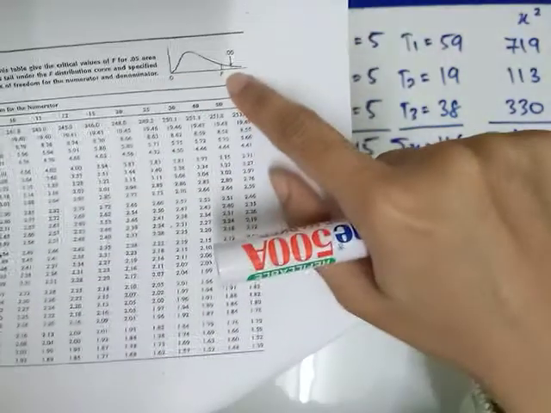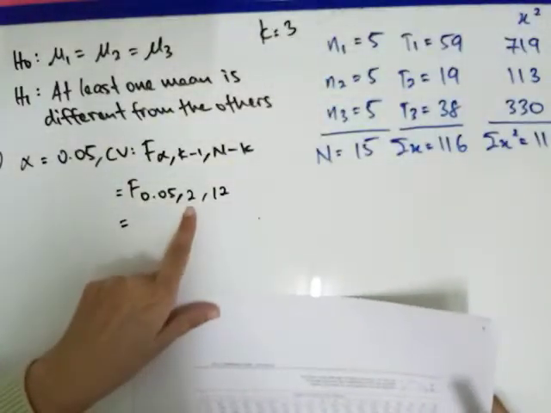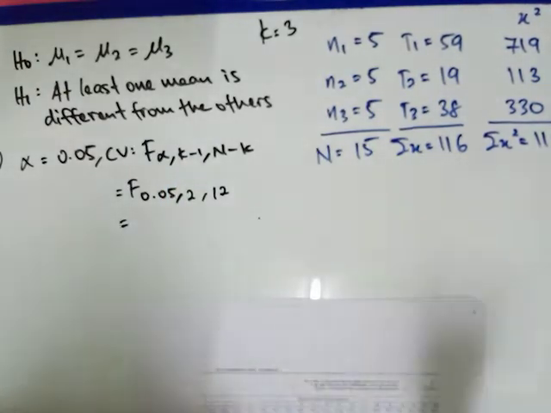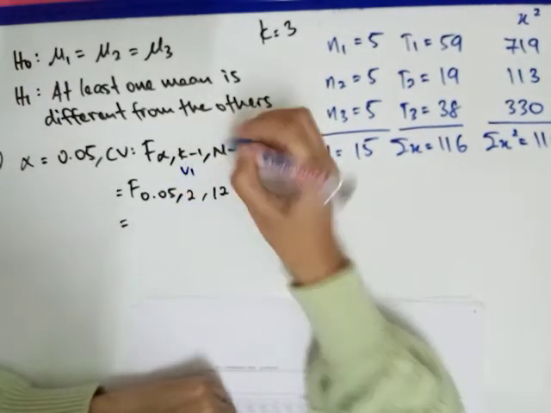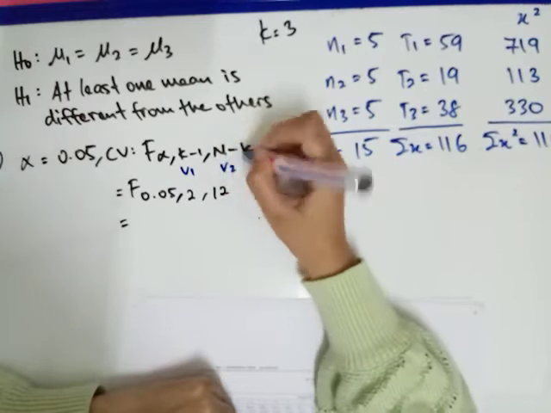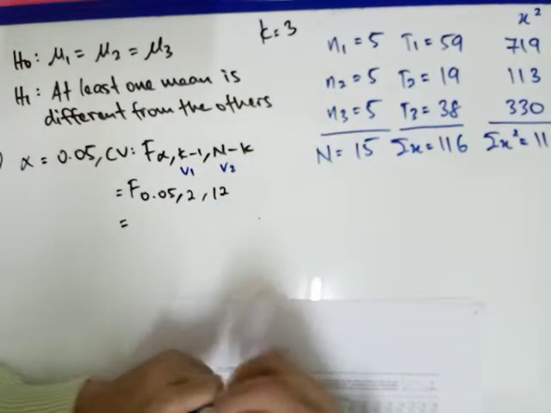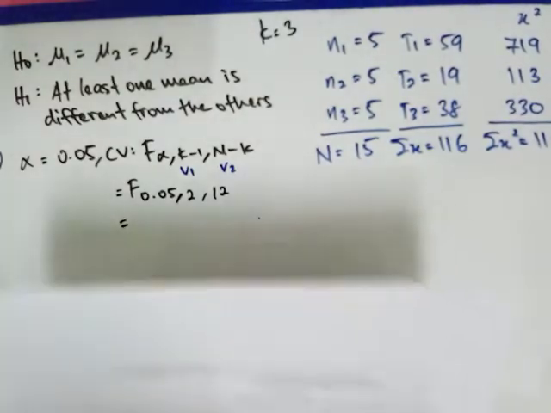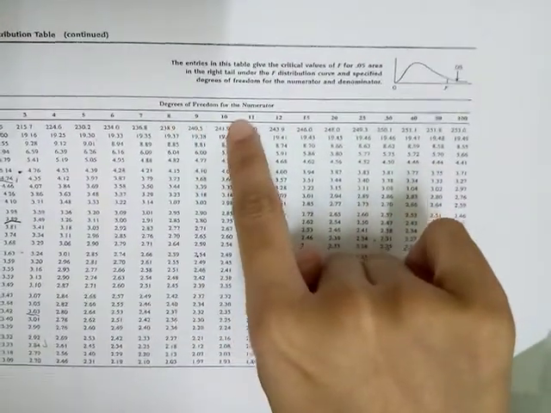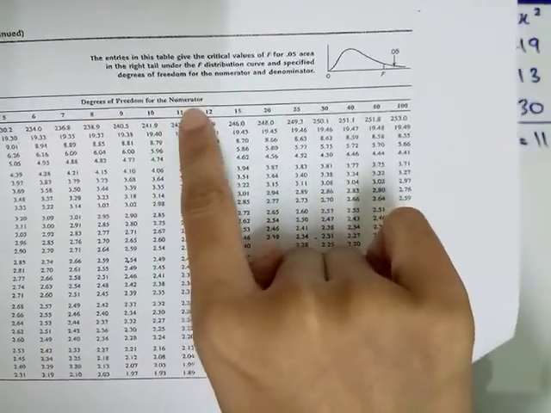After you find the alpha, and then k minus 1, this is V1. N minus k, this is V2. What is V1? The degree of freedom for numerator, which is the top column. Kalau awak baca situ, degree of freedom for the numerator.